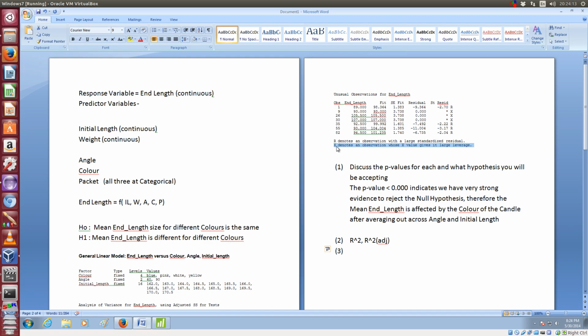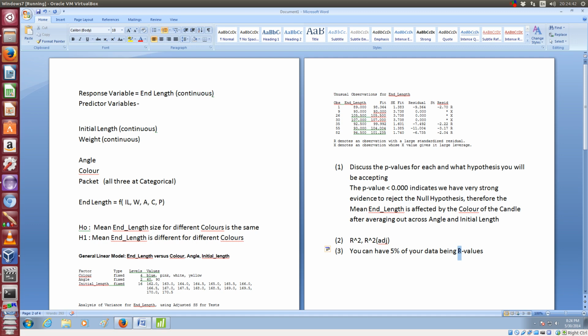I don't know what X actually stands for there, but basically these are values that you might want to have a look at, to make sure that they are actually valid data. It could be a way of identifying outliers, but the basic rule of thumb is you can have 5% of your data being R values, and the same rule applies for X values as well.